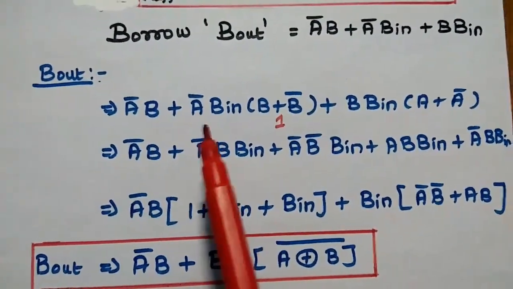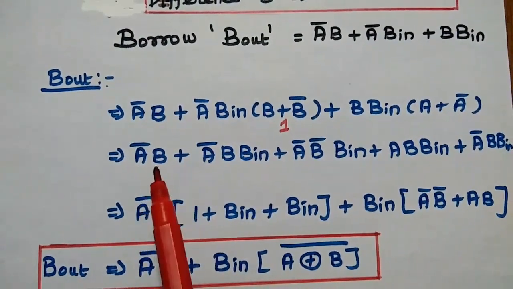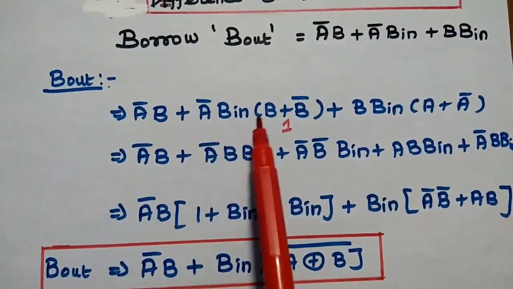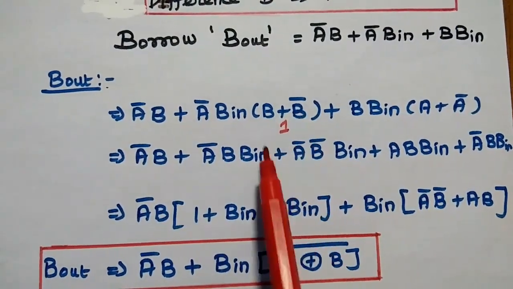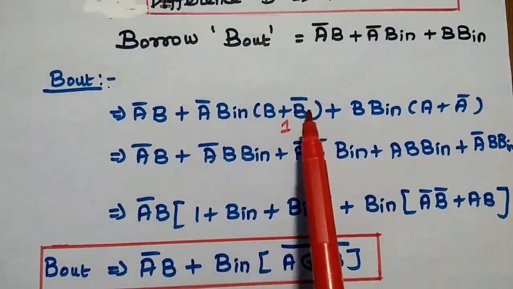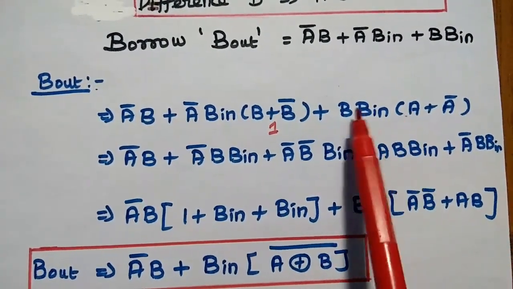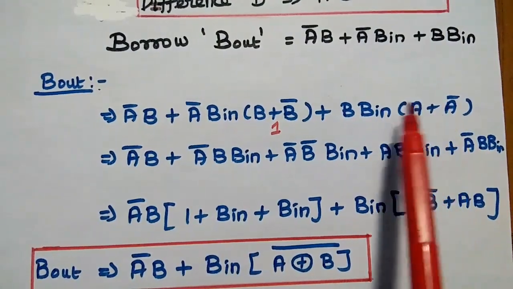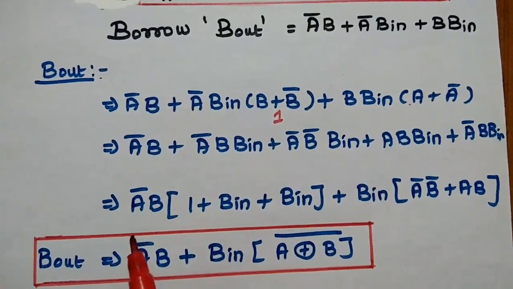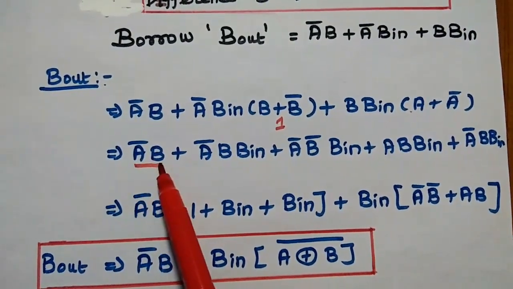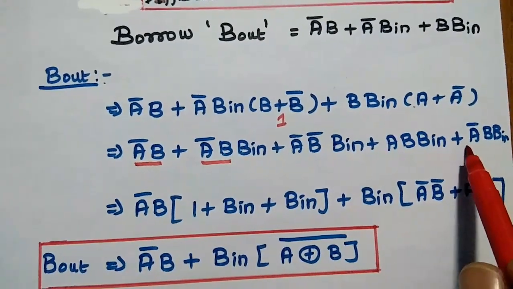In the next step we multiply inside, then we get A bar B plus A bar B B in, then multiplying with B bar, we get A bar B in plus B, here A B B in plus A bar B B in. Next we are going to simplify this. Here A bar B is common for these three terms, right?